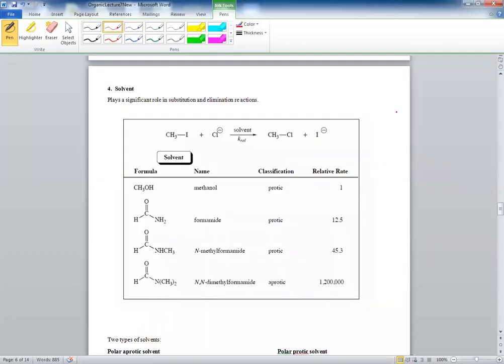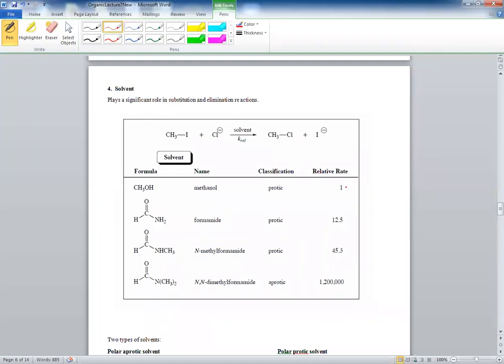The solvent plays a significant role in substitution and elimination reactions. Well, let's look at the idea of varying the solvent but keeping everything the same. If we keep the nucleophile the same and we vary the solvent as you see here, we notice that with methanol right here, the rate is 1.